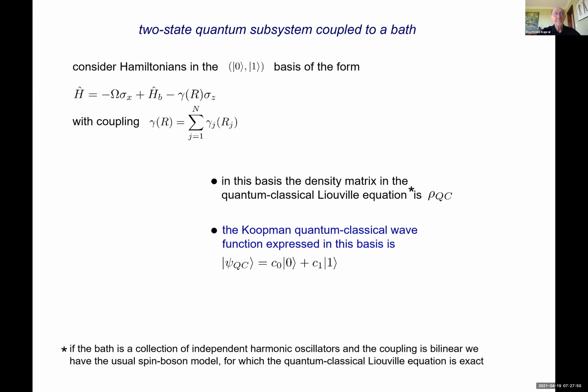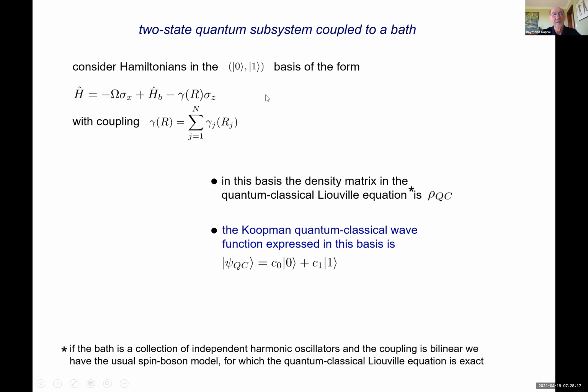Okay, so now I want to look at a specific simple case, and that's a two-state quantum subsystem coupled to a bath. So my basis states are now 0 and 1, not the adiabatic basis. And in this basis, the Hamiltonian takes a form that I think is familiar to most of you.